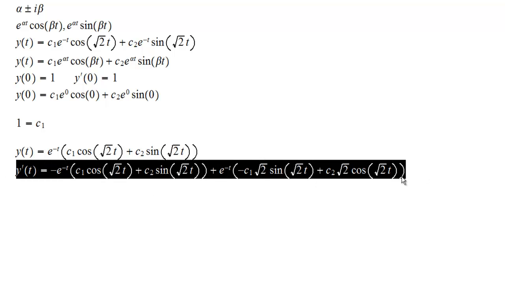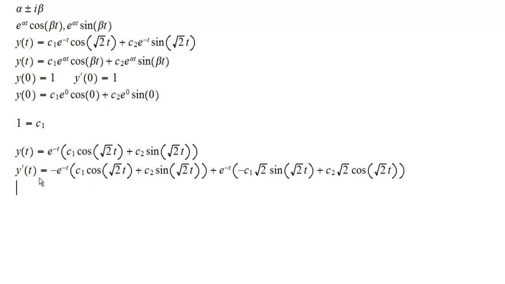Now we are going to substitute our 0 in here. So we have the derivative of y at 0 equals 1, and if we substitute t equals 0 on this side, cosine of 0 will be 1.